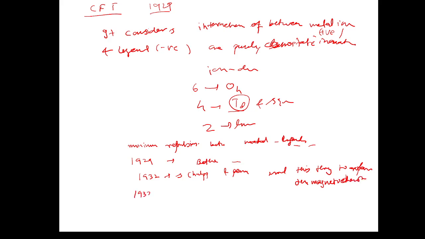Then from 1932 to 1950, basically Van Vleck used it to explain the magnetic and electronic properties. In 1951, Orgel and Ilse used it to explain the color and spectra.